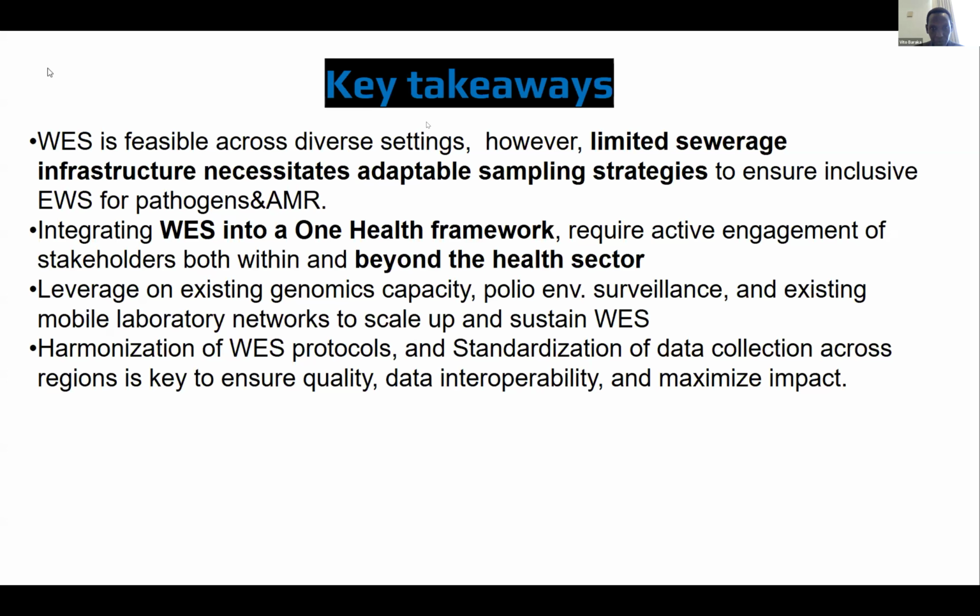And we have to leverage existing capacity, the SARS-CoV-2 and polio surveillance I already mentioned, and mobile labs within the EAC coordination to sustain wastewater surveillance. And we cannot emphasize more the harmonization and standardization of data to really be able to inform public health and make an impact.